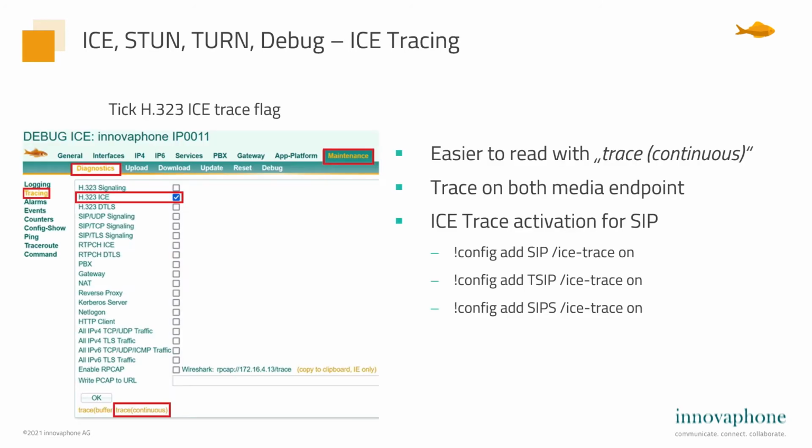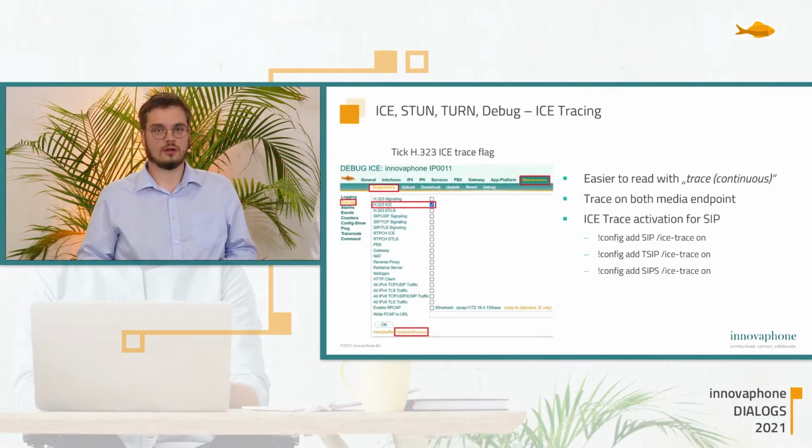Regarding the ICE tracing, you can activate under tracing the H323 ICE flag. You don't need other trace flags if you want to analyze every ICE traffic. And you can use the trace continuous, which is easier to read. You just click on the button and then you have all traces.